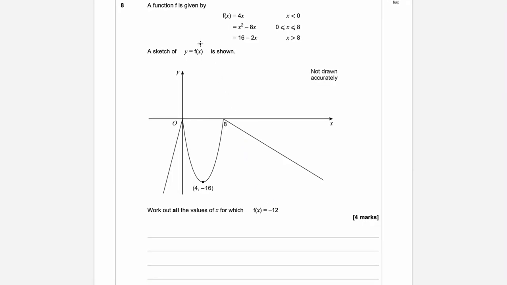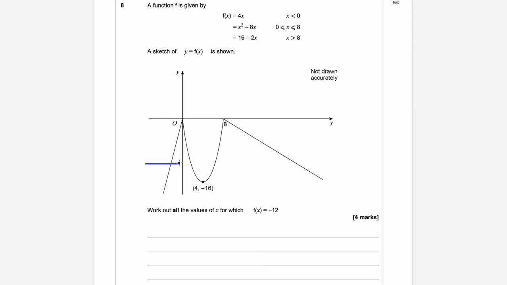Question 8. Function f is given by this. So this is a piecewise function, guys. A sketch of the graph is here. Work out all the values of x for which f of x is equal to negative 12. Okay, so negative 12, guys, if this is negative 16, negative 12 is somewhere around here.